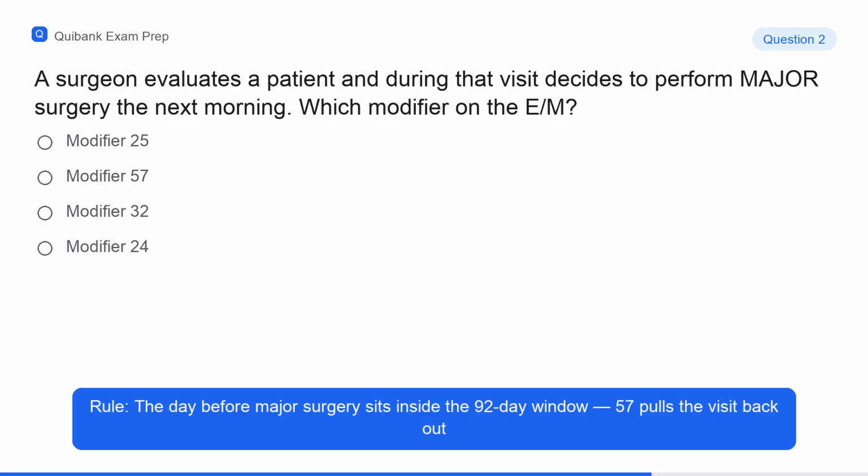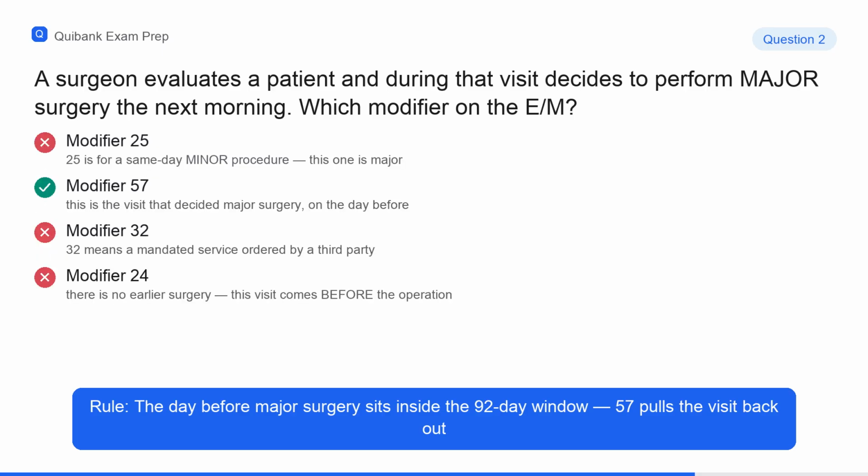Second question. A surgeon evaluates a patient in the hospital and during that visit decides to perform a major surgical procedure, one with a 90-day global period, the following morning. Which modifier goes on the evaluation and management service? Modifier 57. 25 is wrong for the exact reason we just covered.